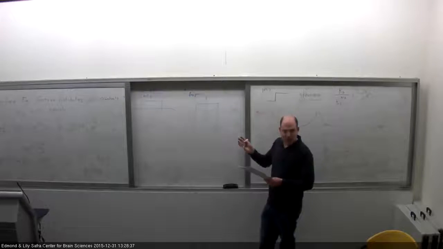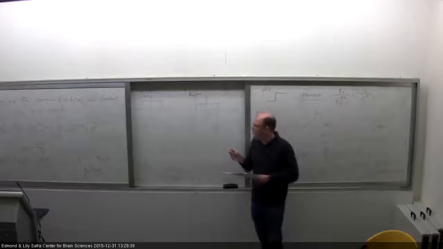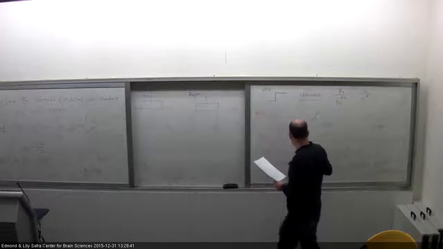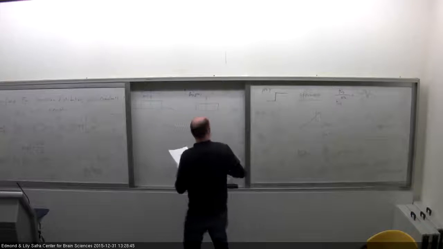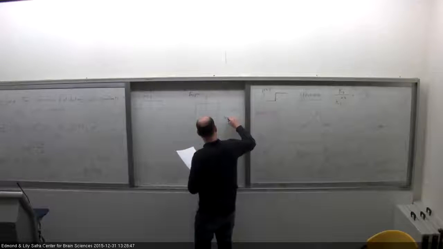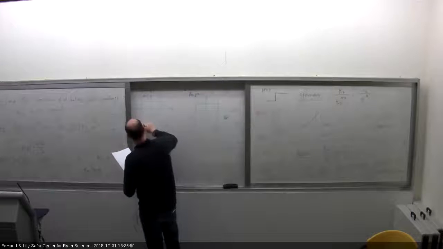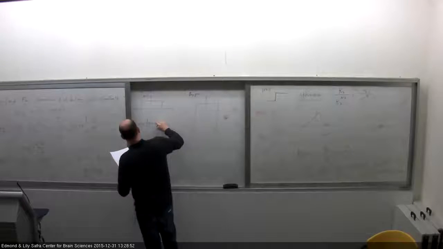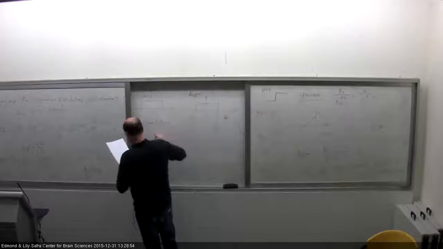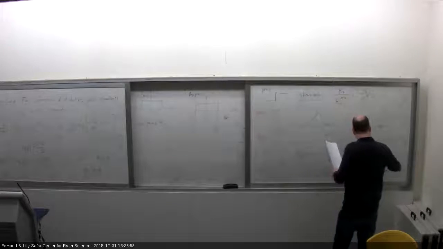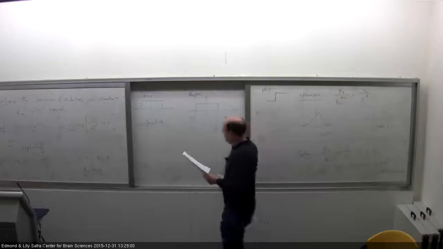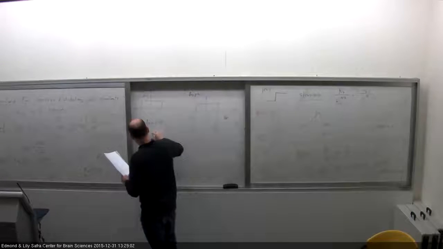I won't do the calculation. It's a fairly simple calculation to calculate the kurtosis of this distribution. Turns out that the kurtosis, I will call the kurtosis K, for this distribution ends up being 1.2.